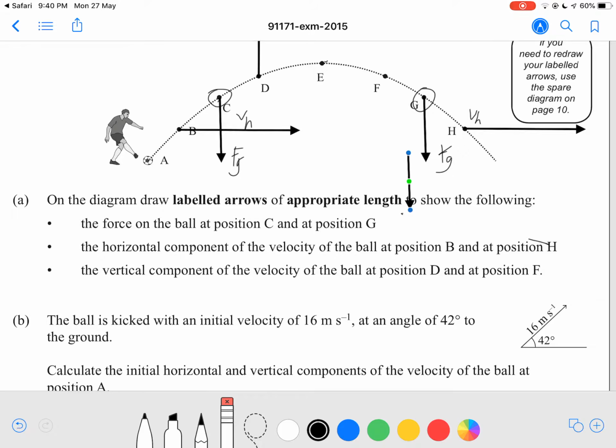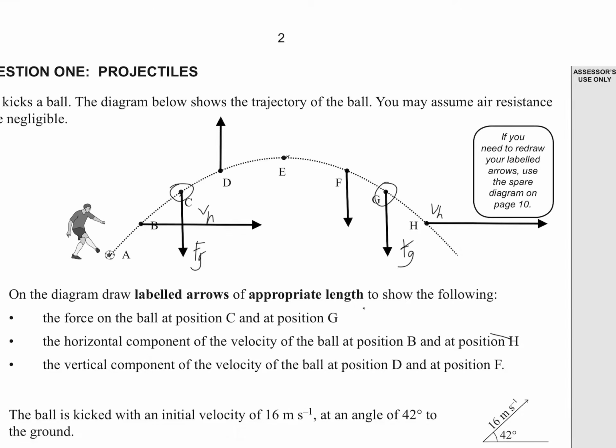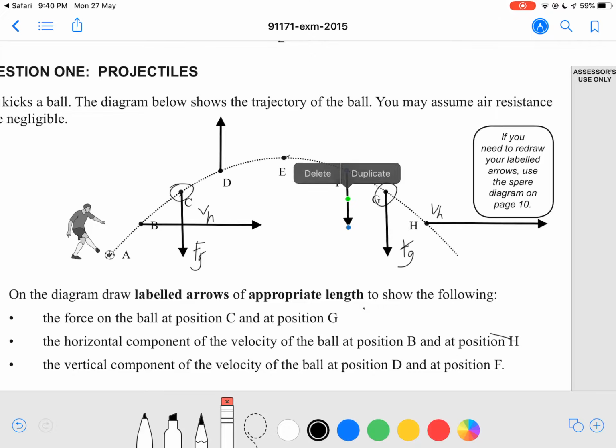So that's going to be about the same size. I'll just double check. Both of these arrows need to be the same size. Yeah, okay, similar.